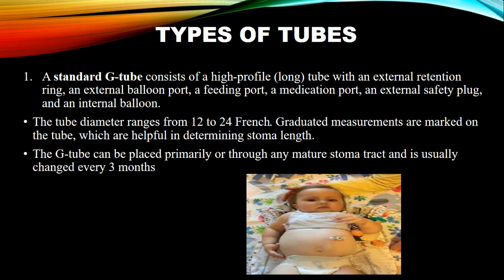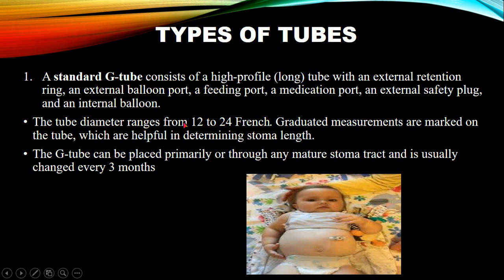Here we have an external balloon port similar to that in a Foley's catheter, because we don't want the gastrostomy tube to come outside. Next we have a feeding port through which we give feeding. Then we have a medication port through which we give medication, and an external safety plug and an internal balloon. So these are the different parts of a gastrostomy tube.